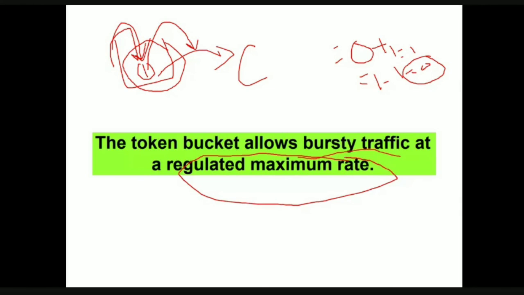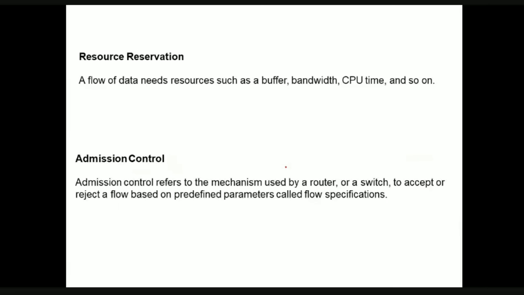Here also, this is a traffic shaping technique to avoid bursty traffic, that is, to reduce congestion, right? The token bucket allows bursty traffic, but it regulates at a maximum rate only. So this is how the token bucket works.